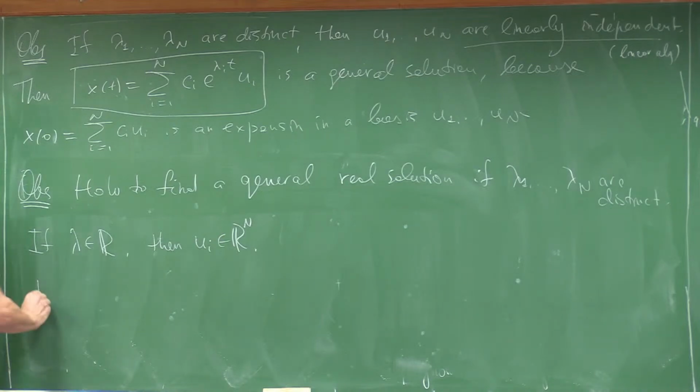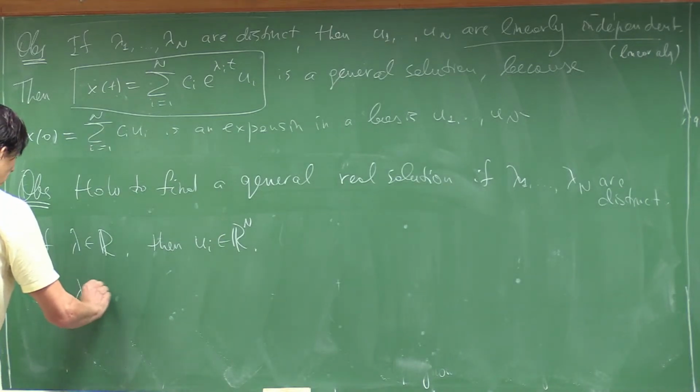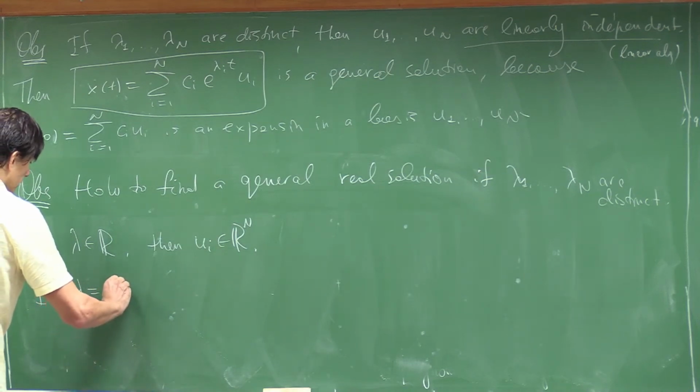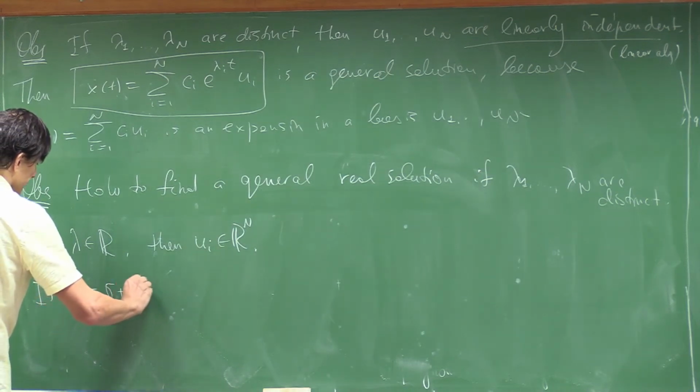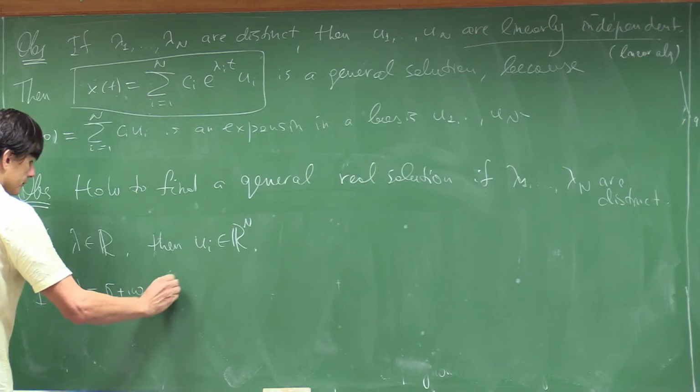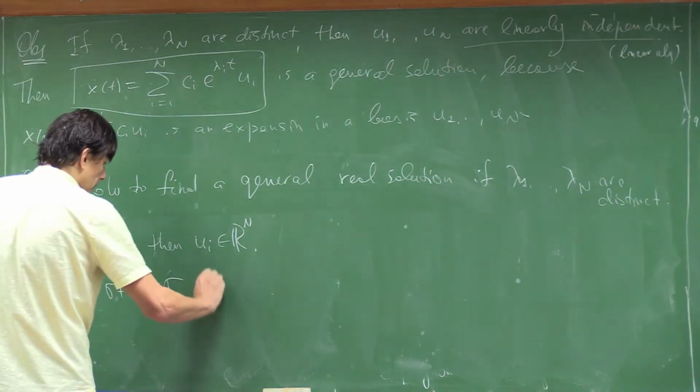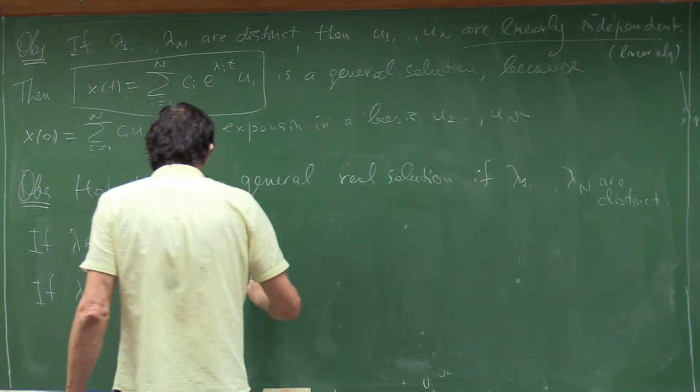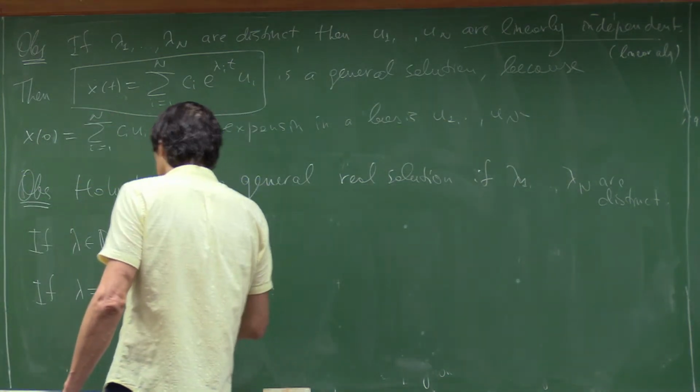Now, if lambda is complex, sigma plus i omega, then the eigenvector must also be complex.